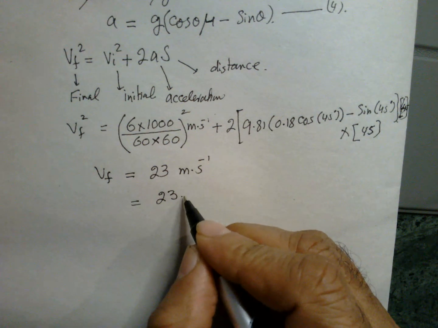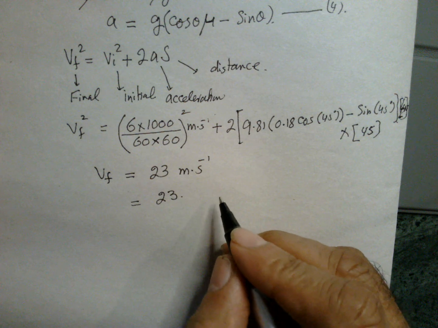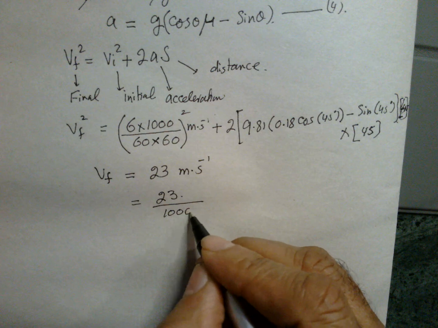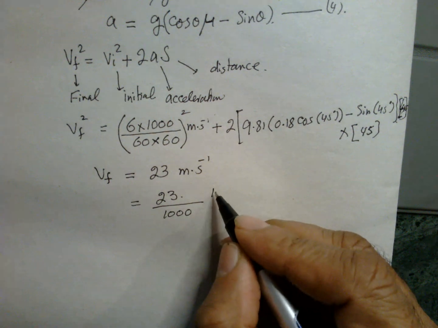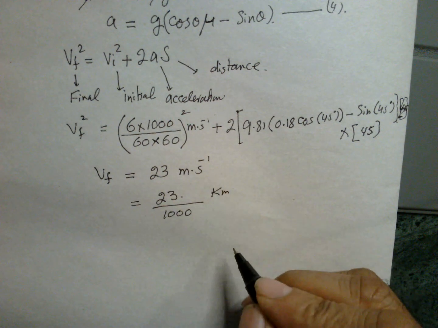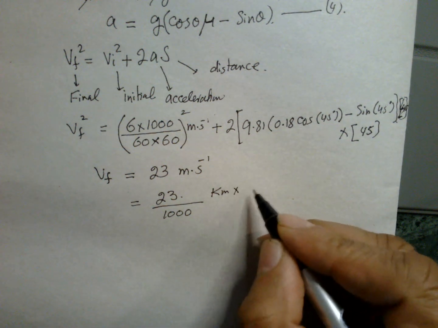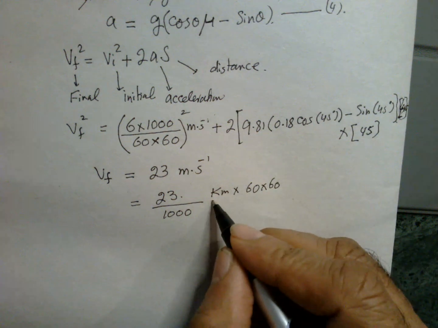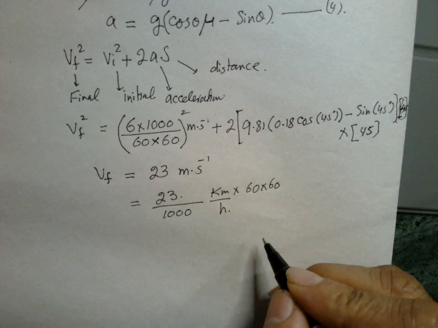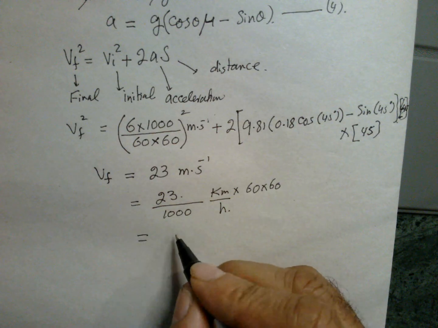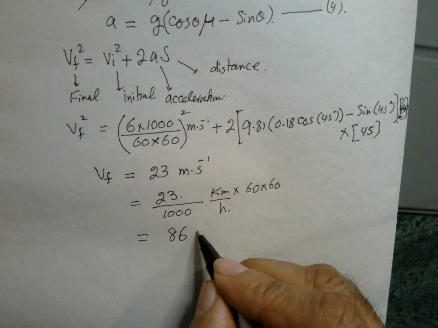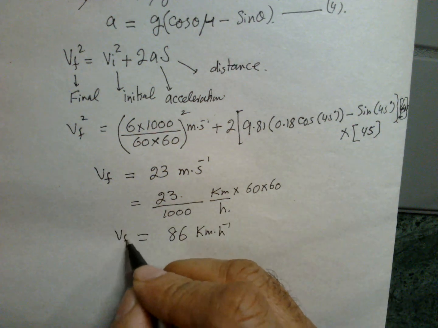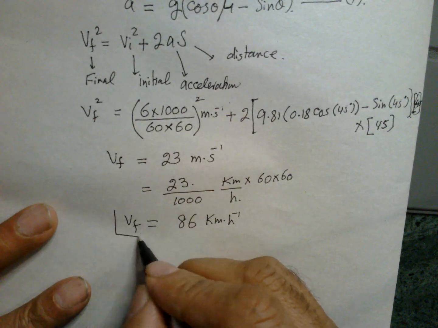If you convert to kilometers per hour, divide by 1000 to get kilometers and multiply by 60 for per hour. This will give you the value of 86 kilometers per hour, which is the final velocity, the final speed.